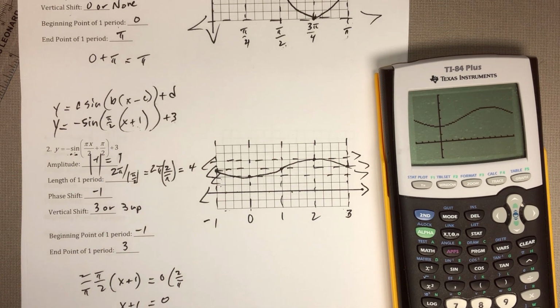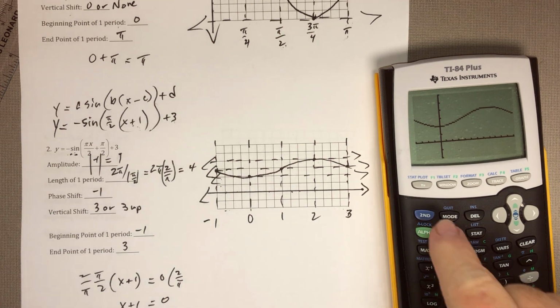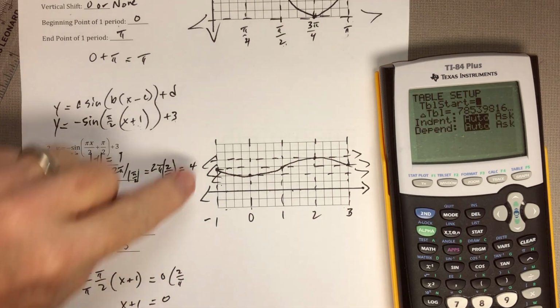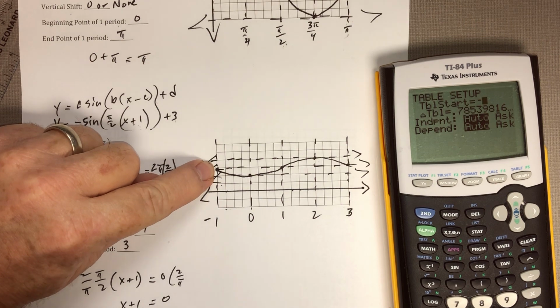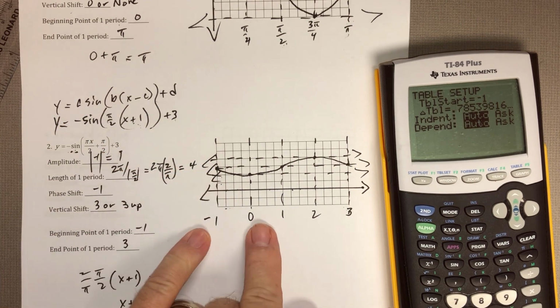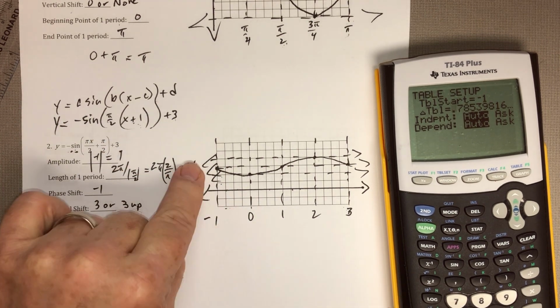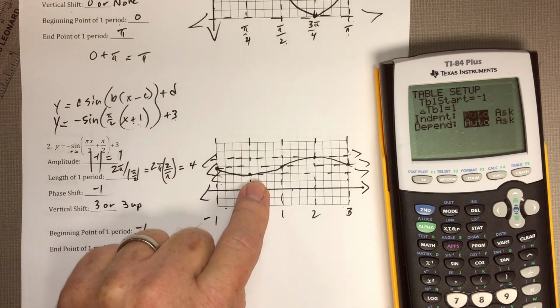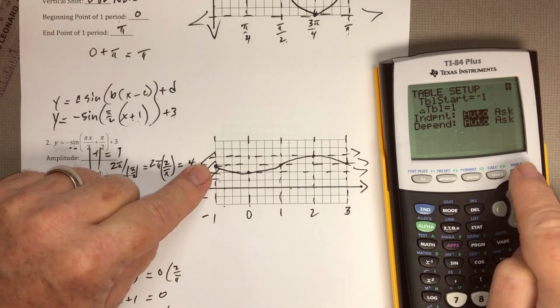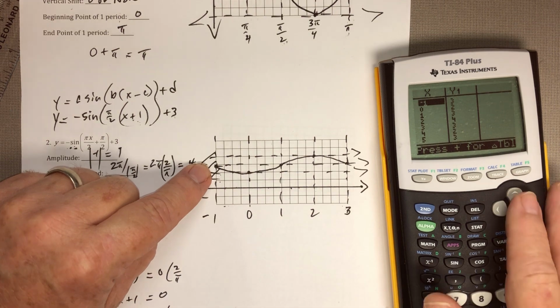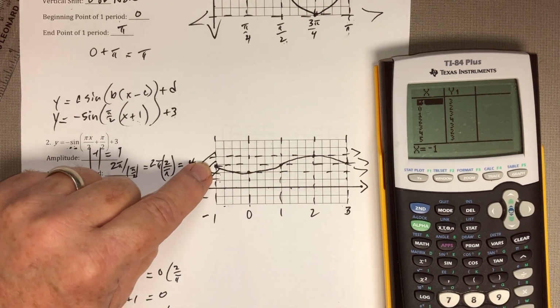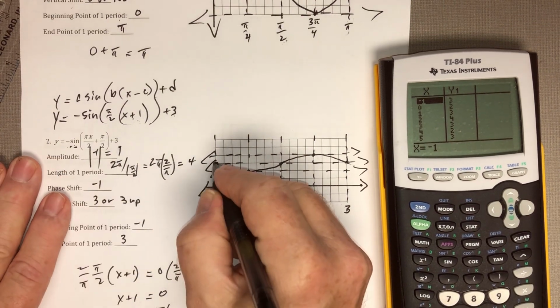What would be way more important would be to check your table. If you set your table to start at this x coordinate, -1, and count by ones, because that's what we're looking at from these critical points, then the first point would be -1, 3. There it is, -1, 3. That's the ordered pair for this point.